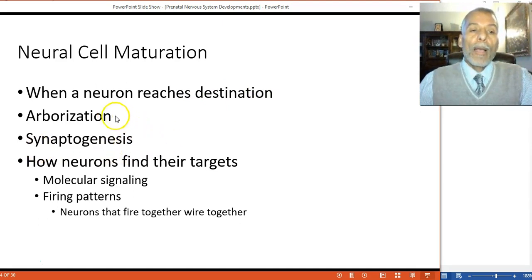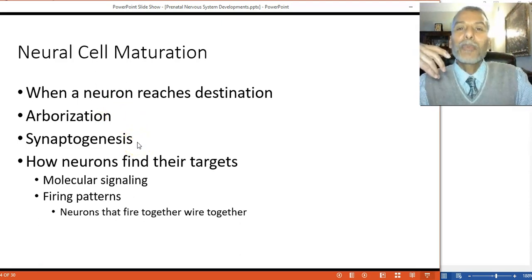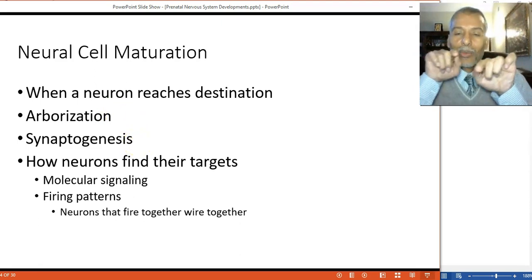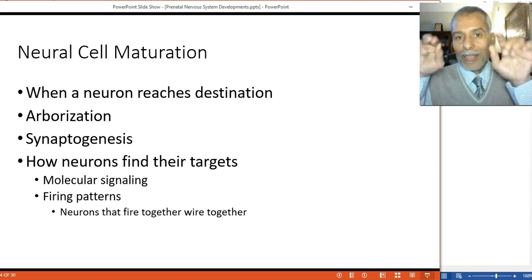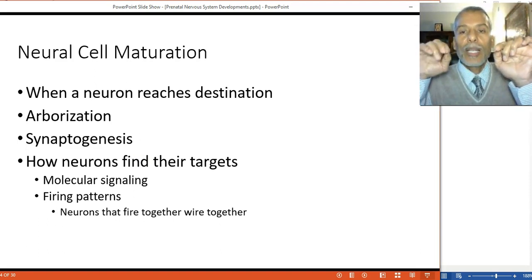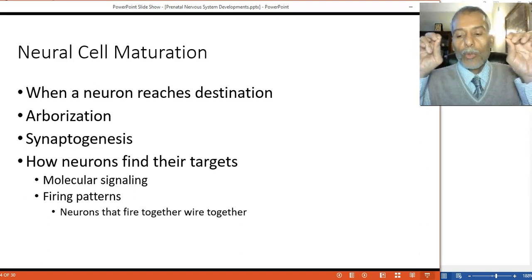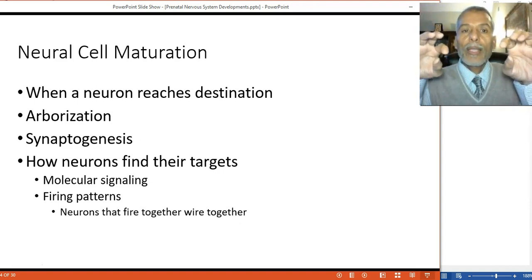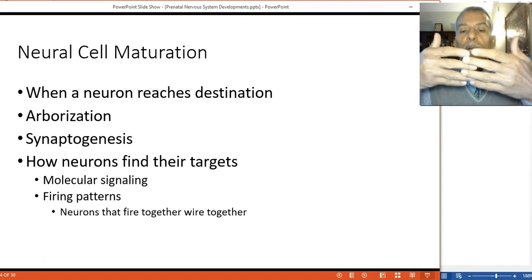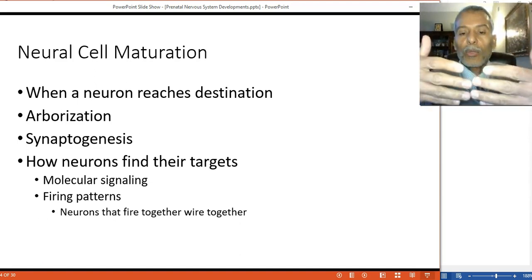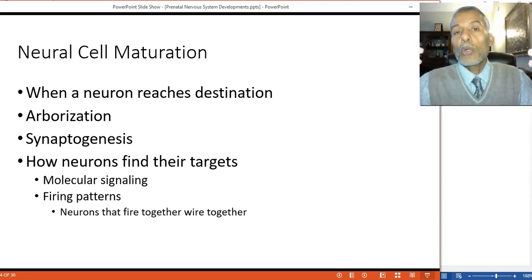Then, at the same time, you have synaptogenesis. Cells are going to identify other cells that are specialized likewise, and they are going to connect with them. Usually, when cells fire at the same time, they are able to identify each other and they are going to connect. This is why the saying goes, cells that fire together wire together.